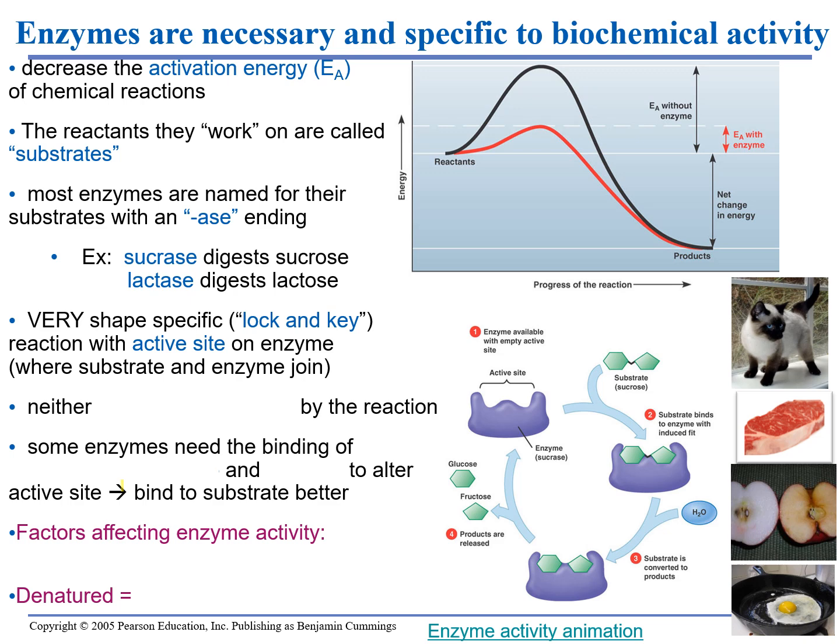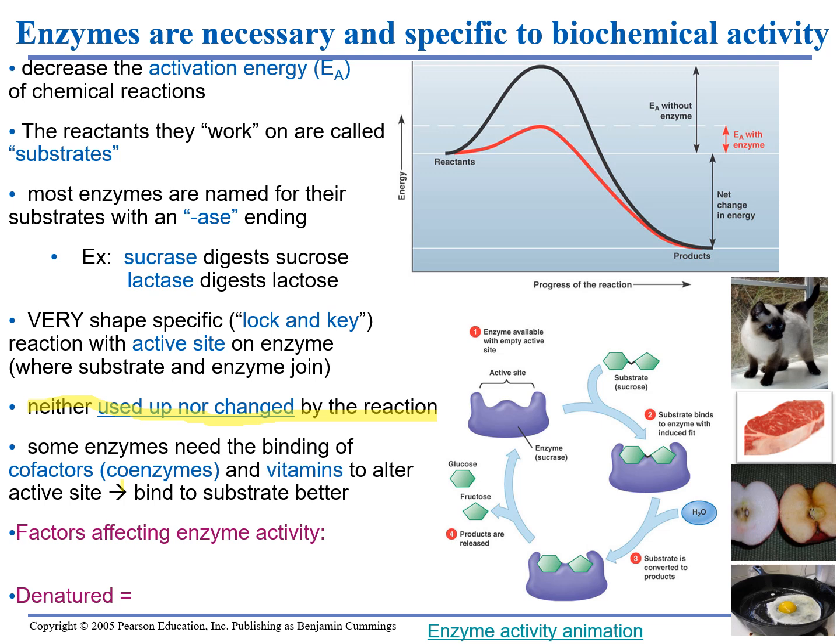Neither do they get used up or changed. So you need to remember that they are never changed after the reaction or used up. Some enzymes need the binding of cofactors or coenzymes and vitamins after the active site.